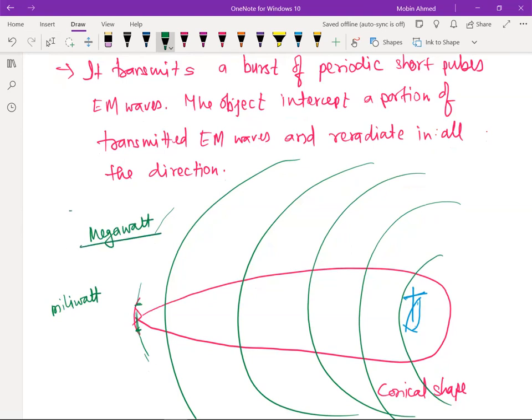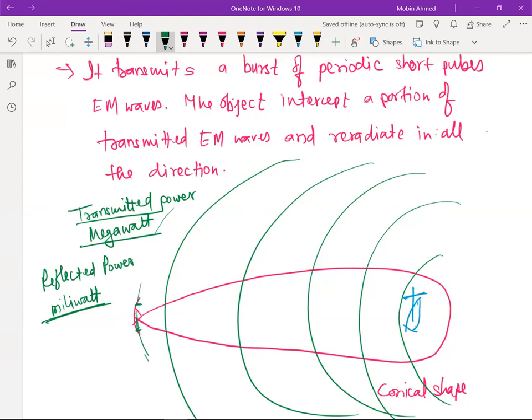Okay, this is the transmitted power. Remember, transmitted power is generally in the megawatt, and the reflected power that is going to come back is in the milliwatt. That means there are losses. Okay, it is going to decay. The power is going to decay over the range, and when it is coming back, it is further decayed.